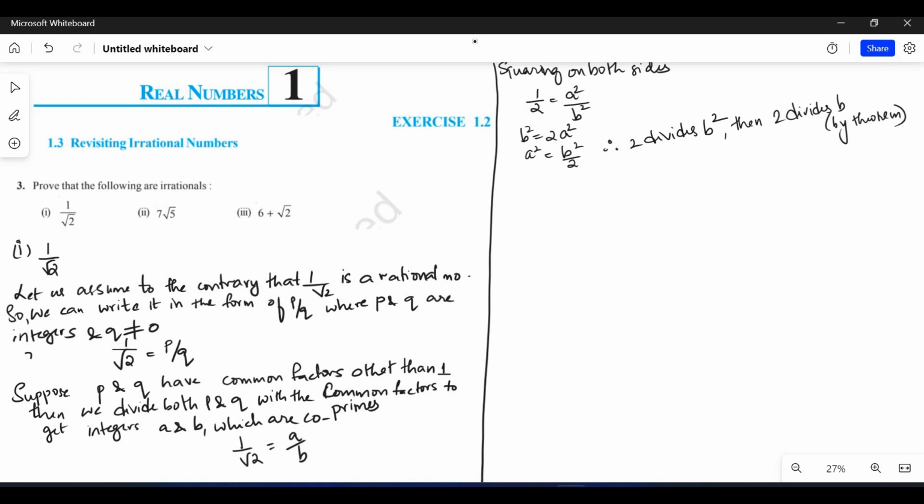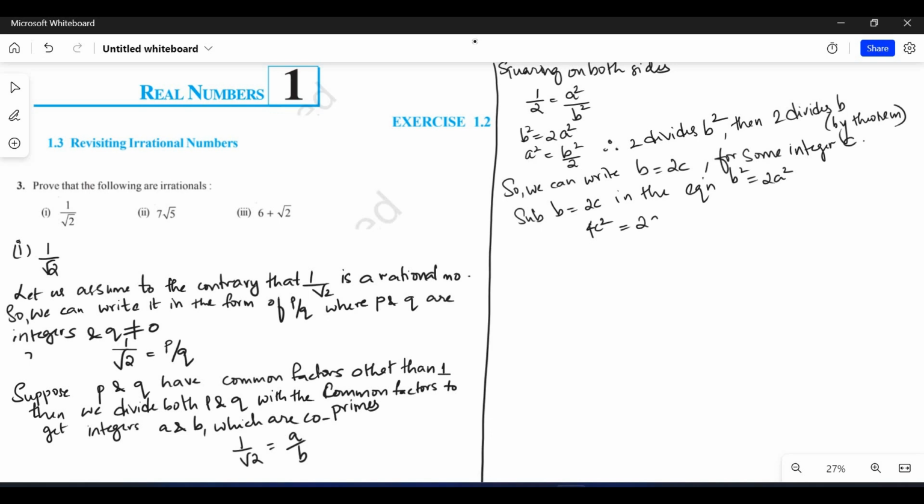So we can write B equal to 2C since B is a factor of 2 for some integer C. Now let's substitute B is equal to 2C in the equation. B square is equal to 2A square, that is 4C square is equal to 2A square.